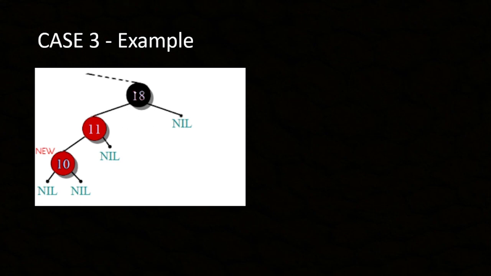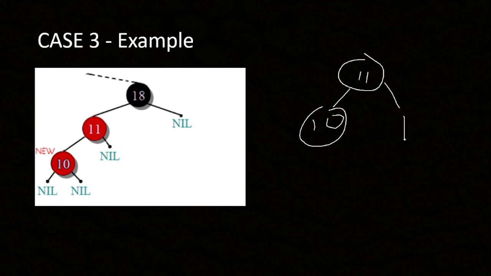So we do the rotation about here. So we know that the shape of the tree will be like this: 11, 10, and 18. Why? Because we do a rotation, remember? So this one will become the root, but the root will become the right child of the new root. We did a rotation.